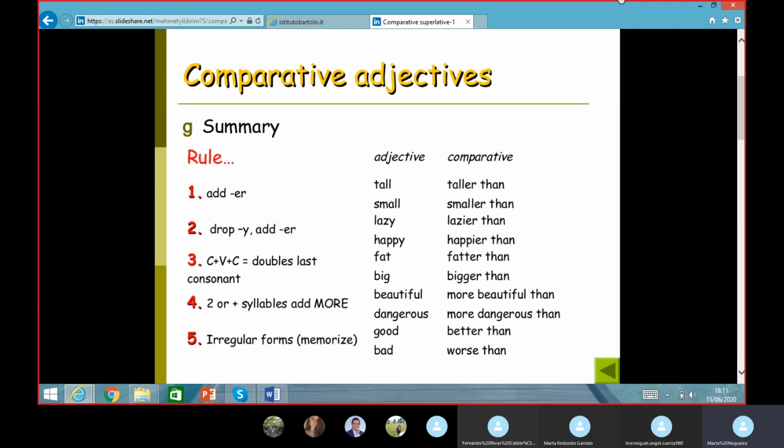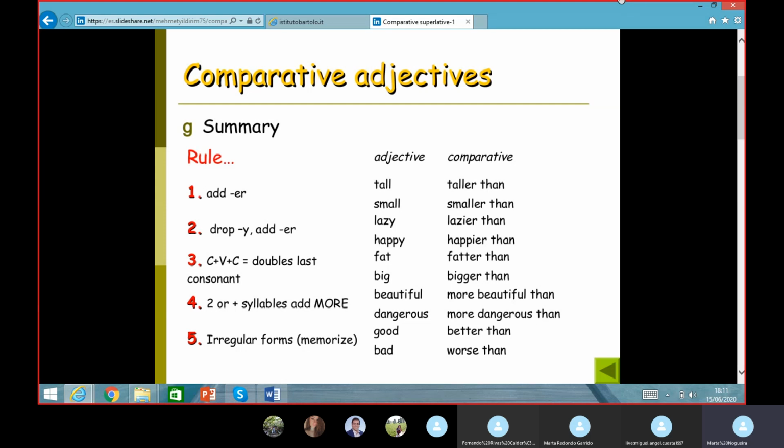And when we have Y, we drop the Y and we put IER, so lazy, lazier. Then we've got examples in which we double the consonant, as in the example of fat, fatter, because it follows the rule of consonant, vowel, consonant. And when we have 2 or more syllables, we put more. And then we've got the irregular form.